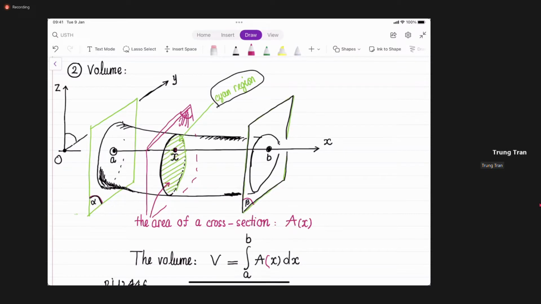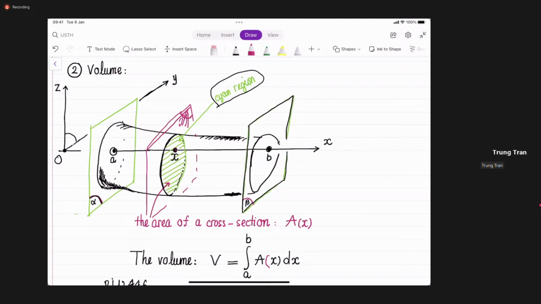If you want to compute the volume of this solid, you need to consider suitable coordinates. In this picture the coordinates are OXYZ, and then you can take the integral along some axis. In this picture, we take the integral along the x-axis.